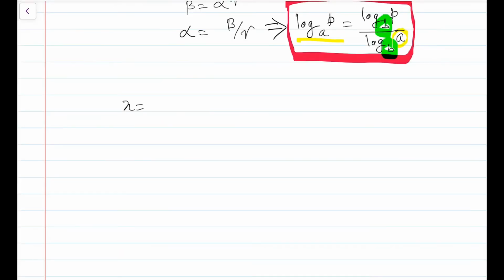Now let us assume x is equal to a to the power b, that is, log of x to the base a is equal to b, and y is equal to a to the power c, that is, log of y to the base a is equal to c.